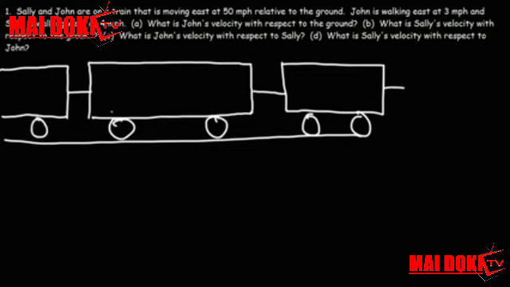Now on this train we see that John is walking east at 3 meters per second.